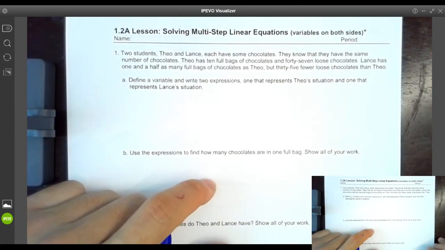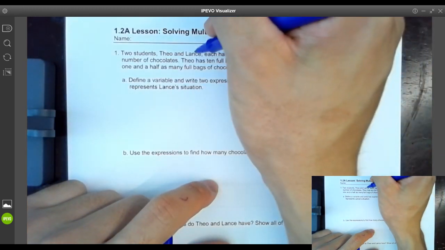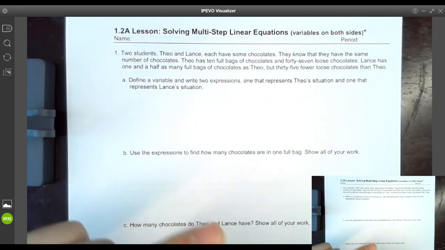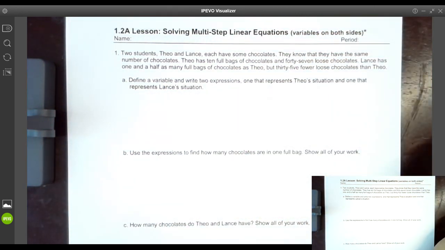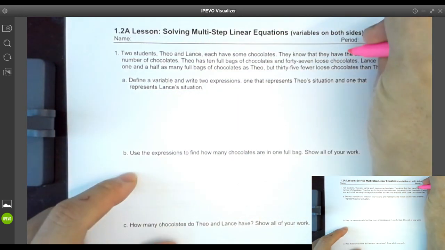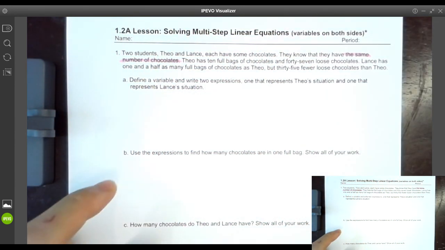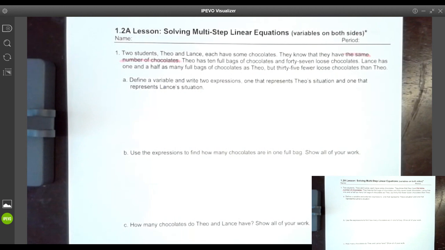Okay, so this is kind of interesting. Let's first underline a few things or maybe even highlight some things. It says they have the same total number of chocolates, right? So you can kind of see that we know that we can set them equal to each other. Theo has 10 full bags.